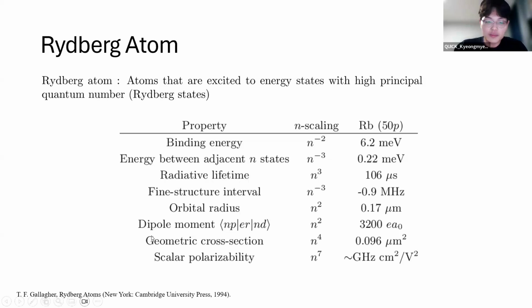The dipole moment between adjacent Rydberg states scales as n squared because the electron and the nucleus are so far apart from each other, leading to strong long-range interactions between atoms. The strength and tunability of these interactions are key to simulating quantum many-body systems with long-range correlations that are difficult to realize in other quantum platforms.